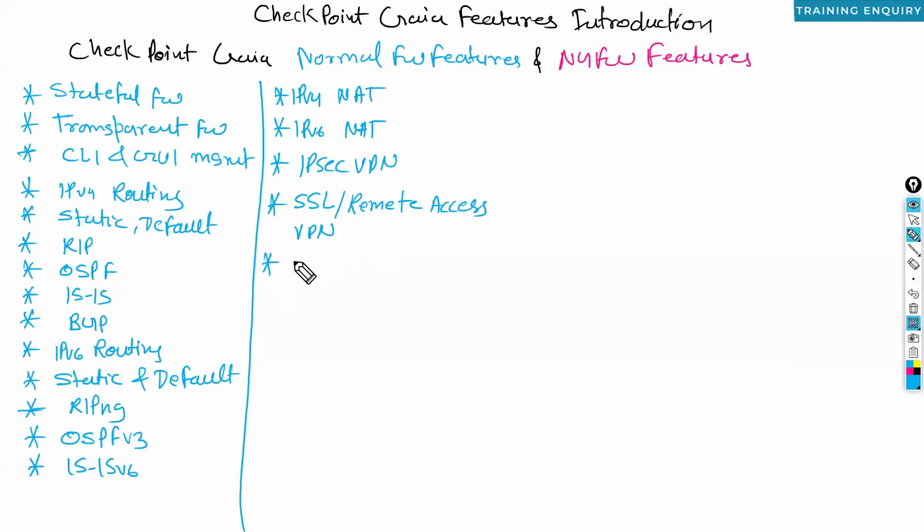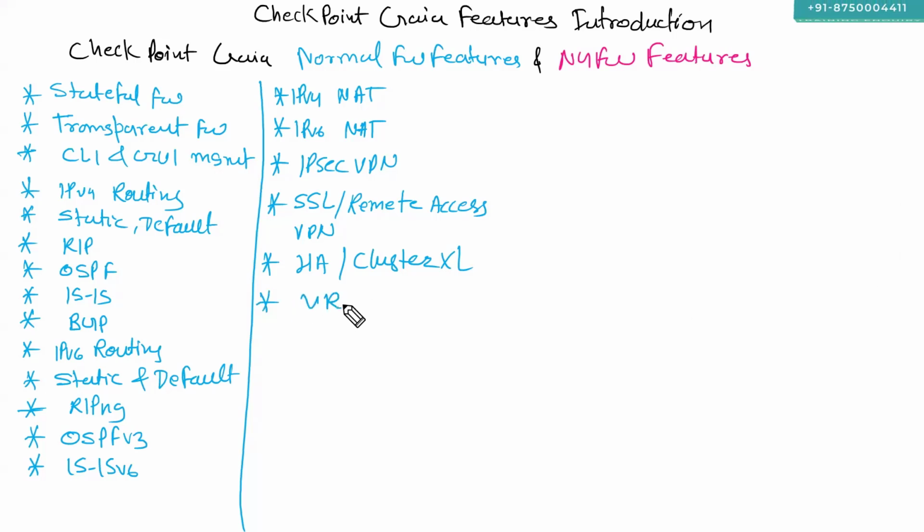It also supports HA, or we can say ClusterXL. It also supports VRRP, Virtual Router Redundancy Protocol. So these features can be provided by a normal firewall.